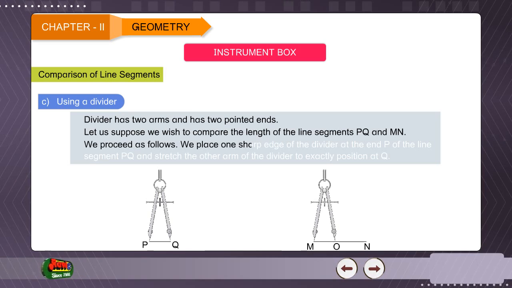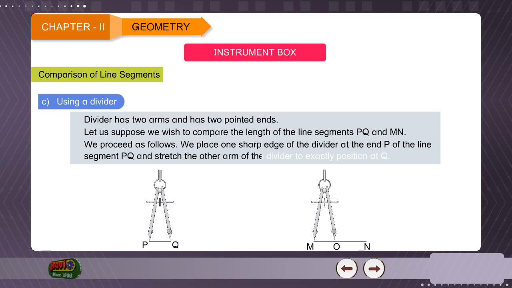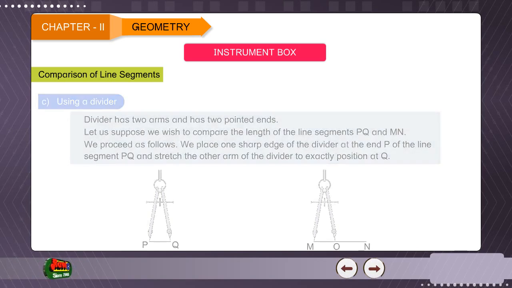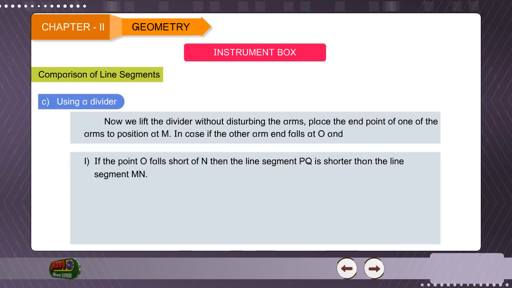We place one sharp edge of the divider at the end P of the line segment PQ and stretch the other arm of the divider to exactly position at Q. Now, we lift the divider without disturbing the arms. Place the end point of one of the arms at M, in case the other arm end falls at O.